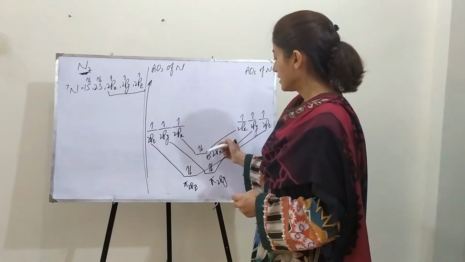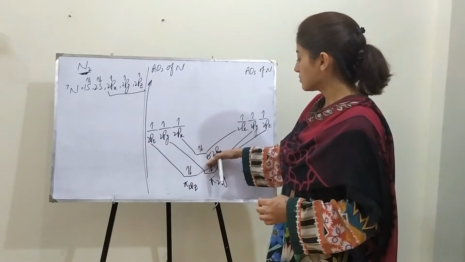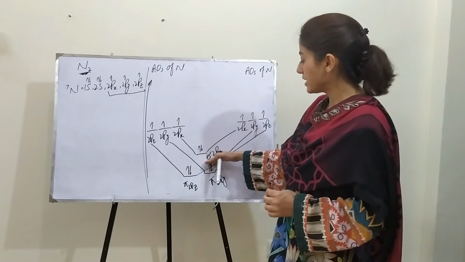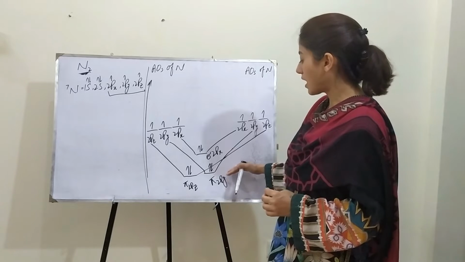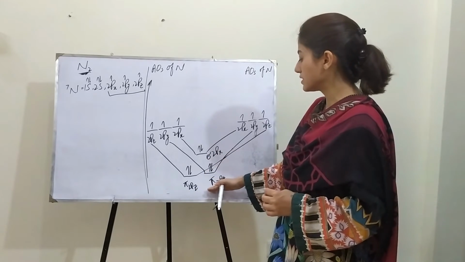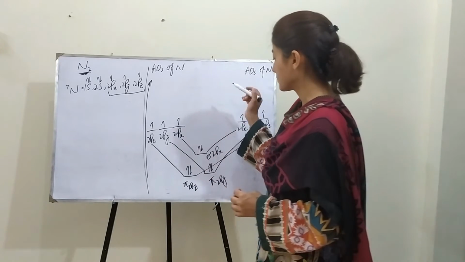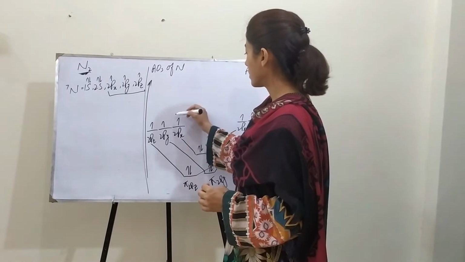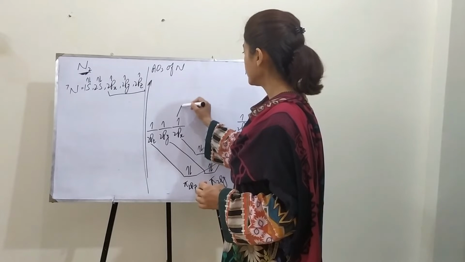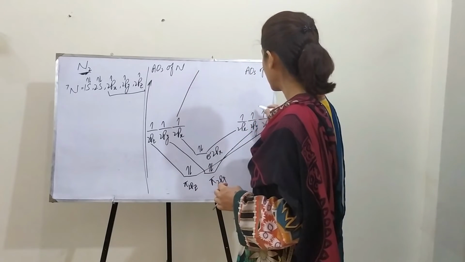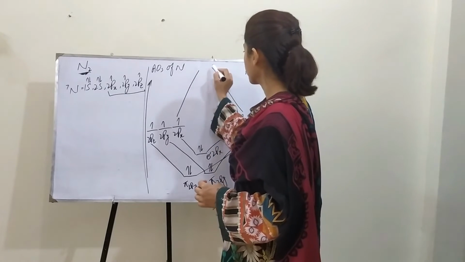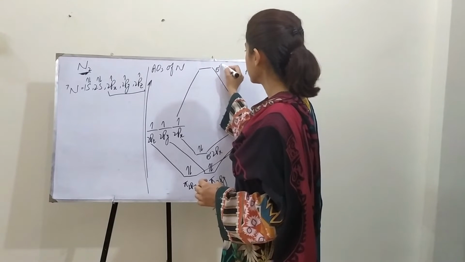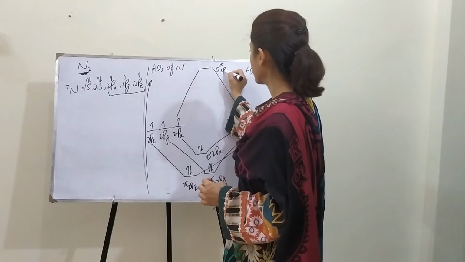But here this sigma 2px, in the case of bonding molecular orbitals, it would be at a bit higher energy level as compared to these pi bonding molecular orbitals. But in the case of anti-bonding molecular orbitals, its energy level is the highest one here, and it would be represented as sigma star 2px.